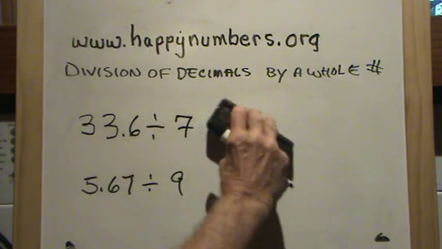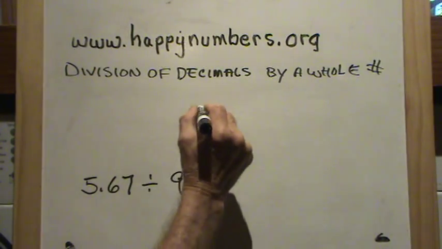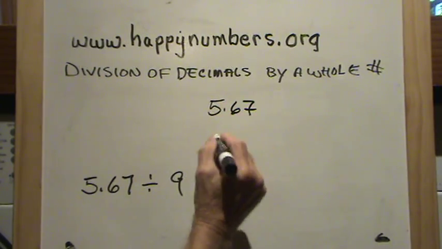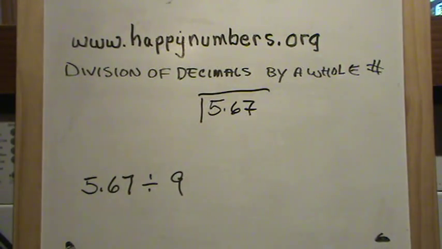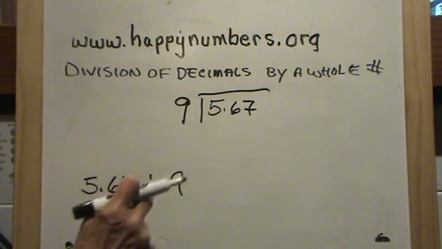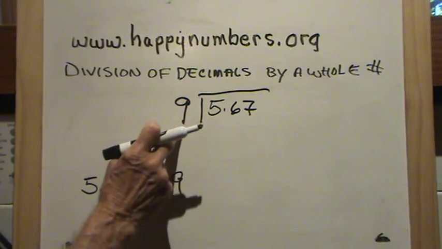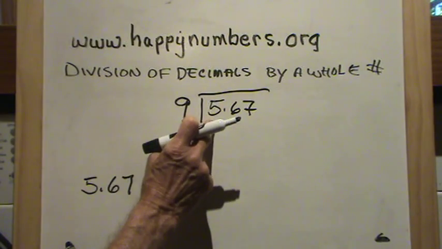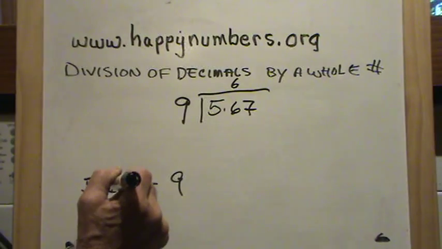Good. Let's see how we did on the second problem. We have 5 and 67 hundredths divided by the whole number 9. 9 cannot go into 5, because 9 is bigger than 5. So let's say 9 goes into 56 6 times.